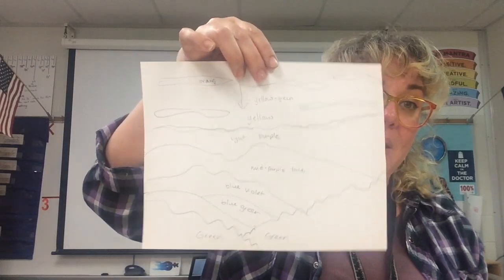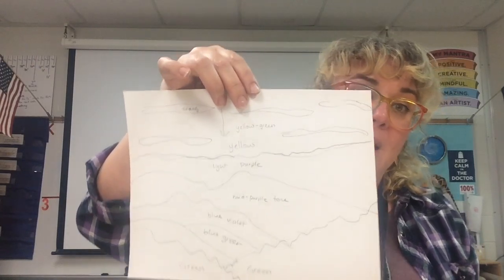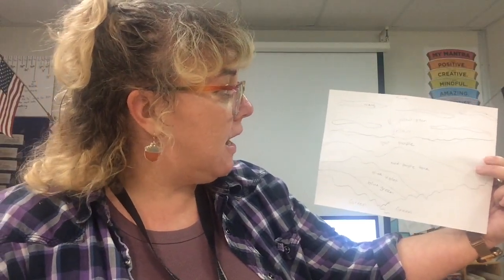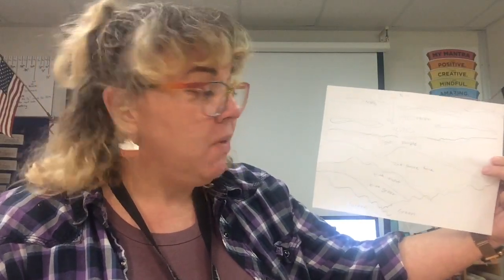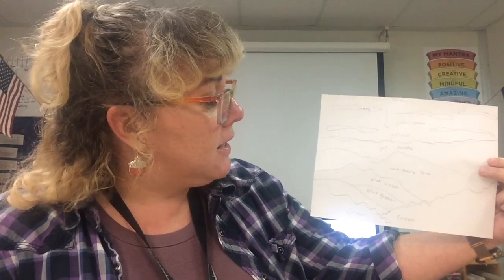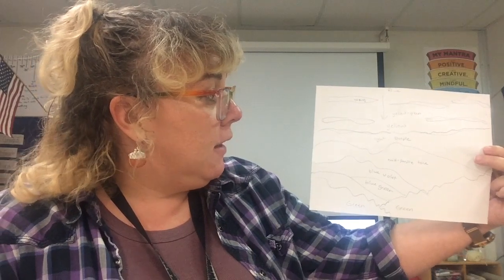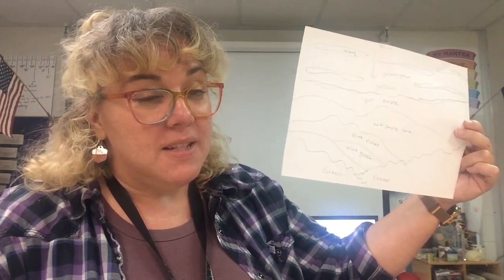So mine ended up being a complementary color scheme because I'm using orange and blue in the sky, and I'm using yellow to light purple to blue, violet, and blue green. So yellow and purple are opposites, so it's going to be a more energetic painting. So we're going to do that today.